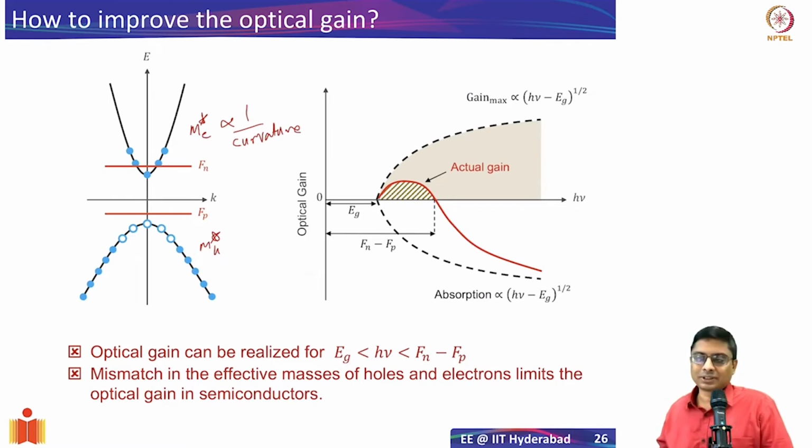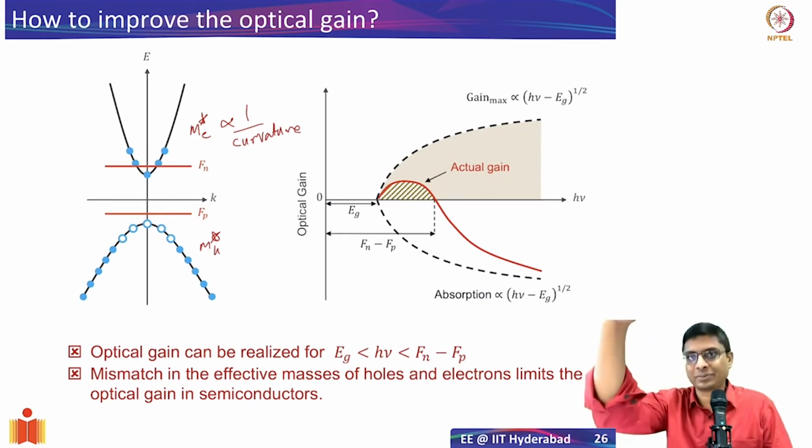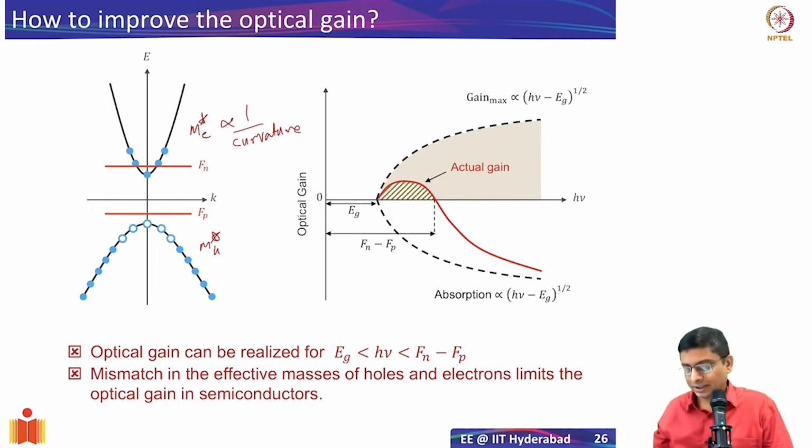So if you have effective masses this way, the density of states, I know it's a little bit of extra information, but the density of states is basically proportional to the effective mass, and so there's a large density of states available in the valence band, because of which the Fermi level moves slowly towards the band in the case of holes, whereas for the electrons, the Fermi level moves quite deep because there are fewer density of states available. So they will get filled up, and quickly you'll start seeing the higher energies get filled up, and because of that, the quasi-Fermi level essentially moves into the conduction band, whereas that doesn't happen in the case of a valence band.